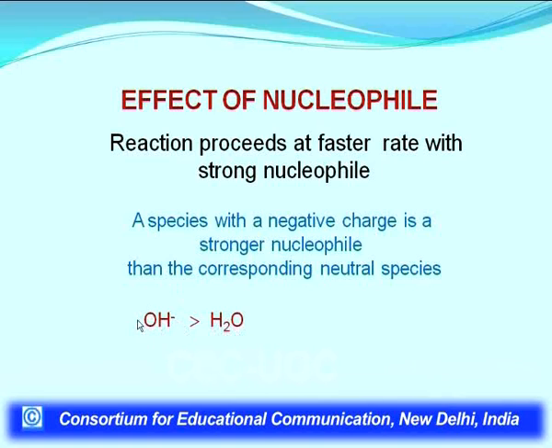Now this oxygen has a lone pair of electrons with a negative charge. So the hydroxide ion has a higher tendency to share a pair of electrons, so it is a stronger nucleophile than water. Similarly, amide ion is a stronger nucleophile than ammonia, although ammonia is also a nucleophile because nitrogen has a lone pair of electrons by which it can attack.